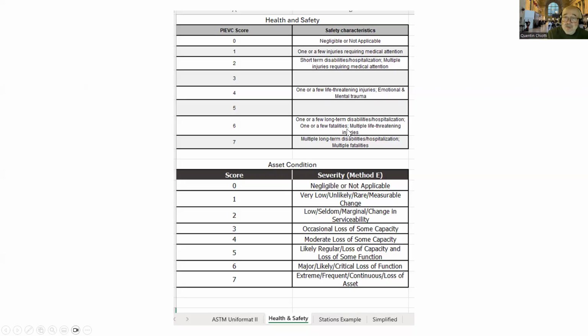And it differs from company to company. When I worked at Metrolinx, one fatality was considered unacceptable and a score of 7. And in other places, I've seen hundreds of fatalities as being the highest score. So it really depends upon your perspective, and everything is subjective.